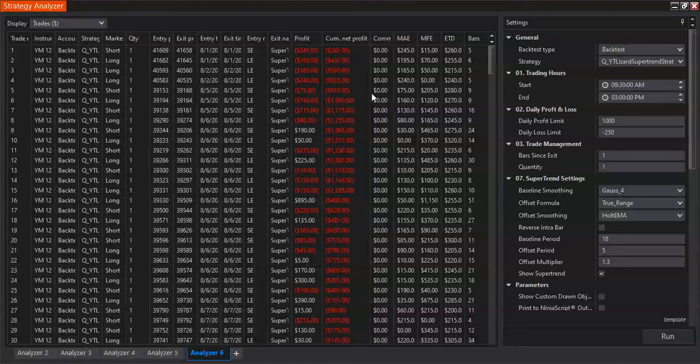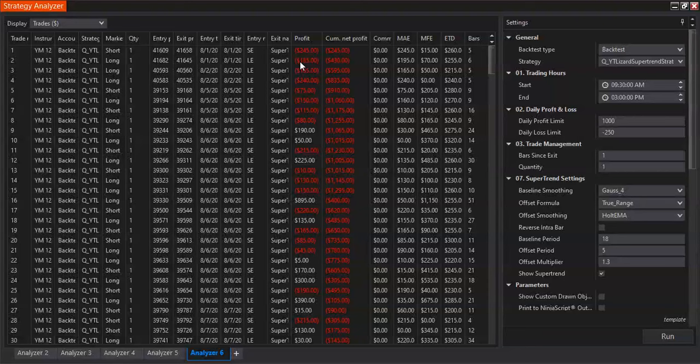August 1st. As you can see, the daily loss is set at 250. First trade was a 245 loss. Next trade was 185. Excuse me, I need my glasses, y'all. I apologize.